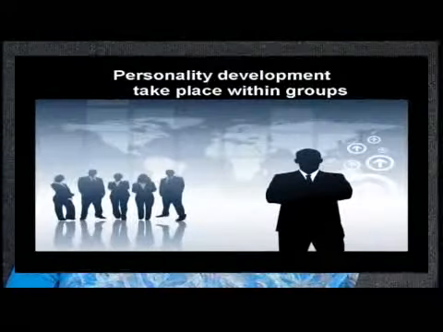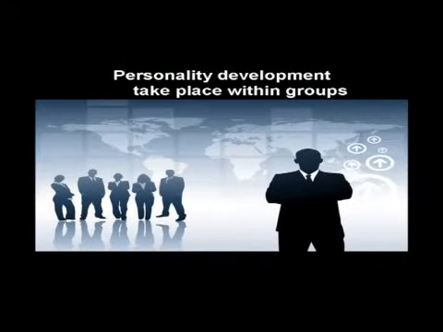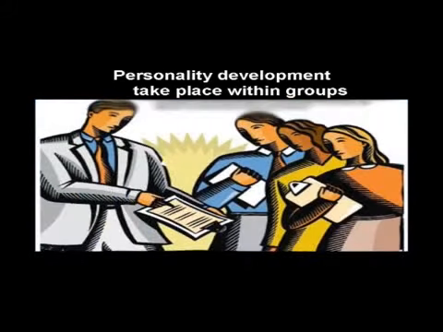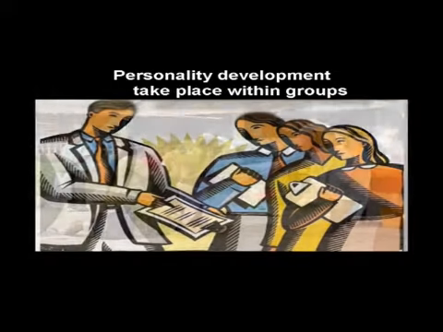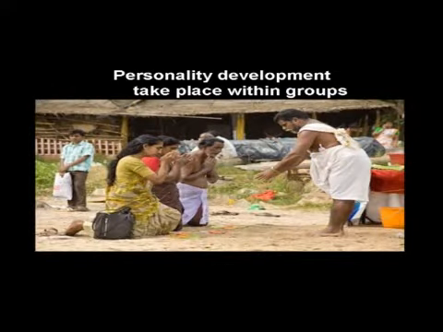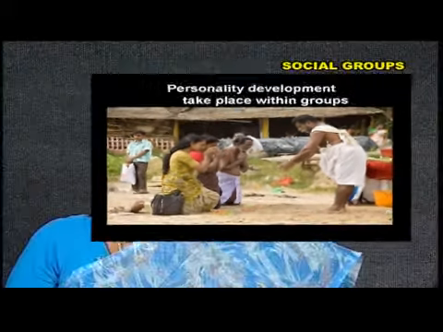For example, a man's membership in his professional group helps him develop his professional qualities and talents. His membership in a religious group, on the other hand, tames him in good behavior. Like this, the total personality development is possible by membership in different groups.